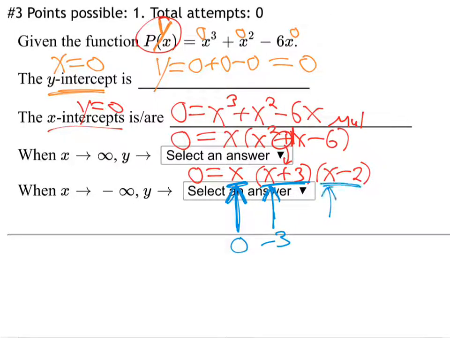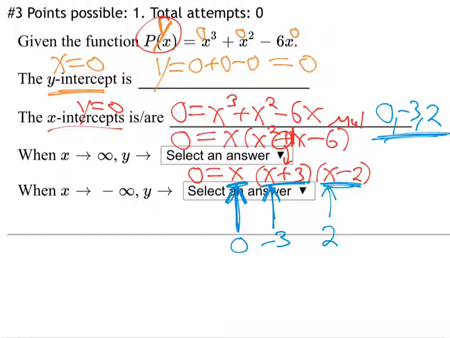And what do I plug in for x to make the last part 0? +2. So the x-intercepts are 0, -3, and 2. Those are the x values that will make the whole thing, the y, become 0. If you were to graph it, those would be the 3 places it hits the x-axis. That's what that means. Is that good?